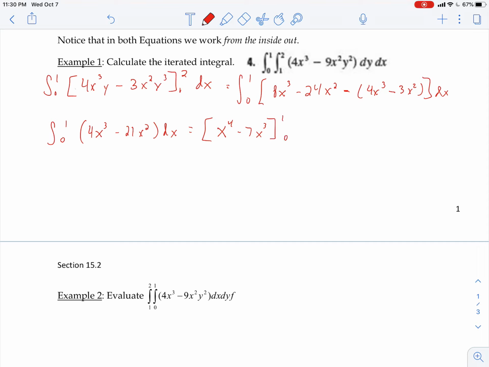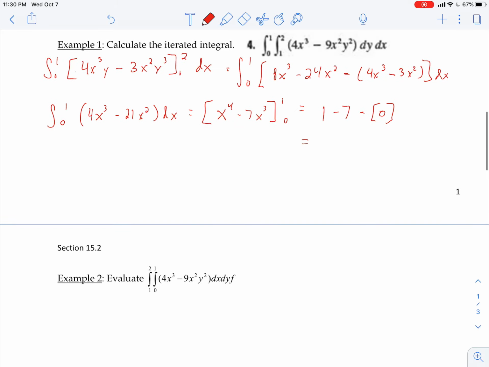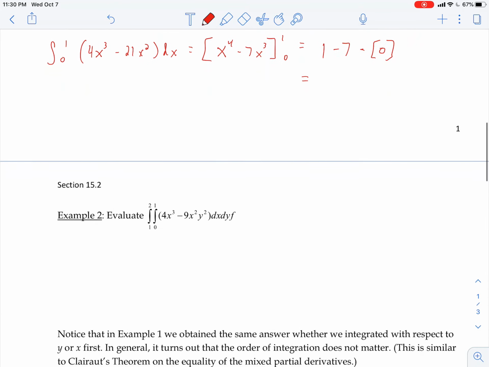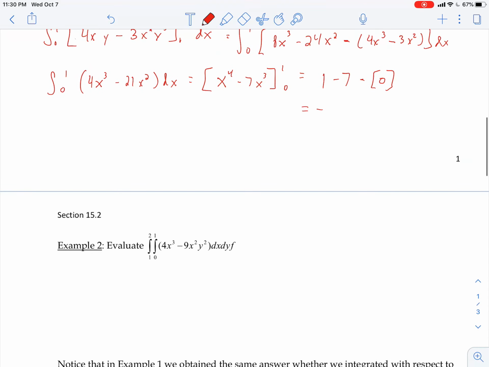Now we go from 0 to 1. So 1 to the 4th is 1, 1 to the 3rd is just 1, so minus 7. And when we plug in 0, it's all going to be 0. So the volume that we get from this double integral, or iterated integral, is just going to be negative 6.